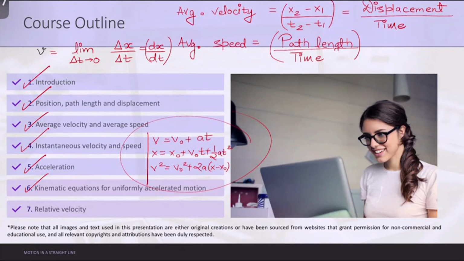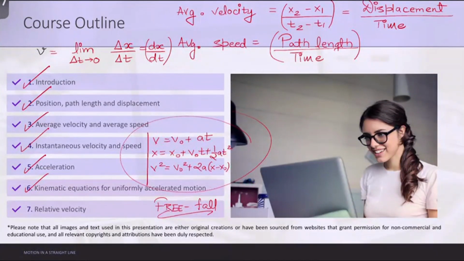We also understood free fall, that is, motion only under the influence of gravity, with no resistance force such as air resistance acting.